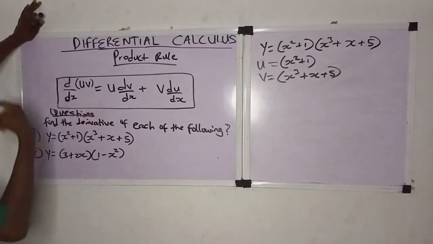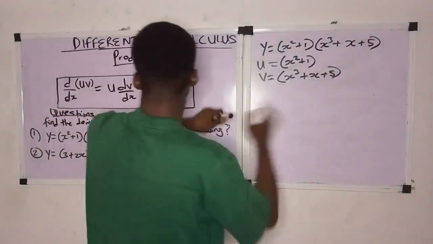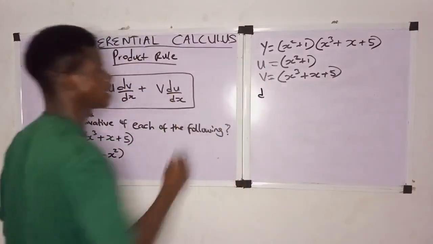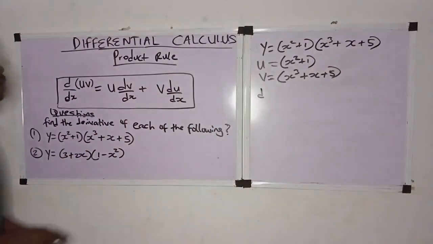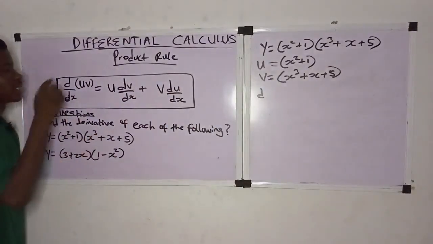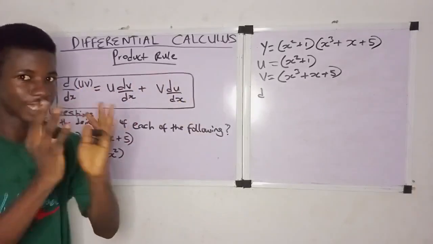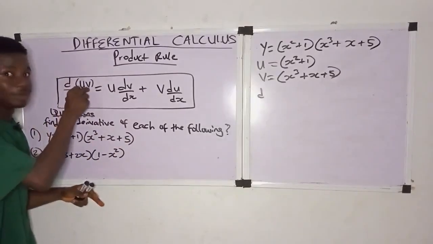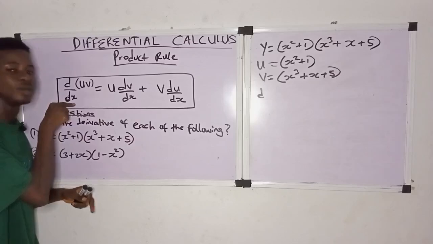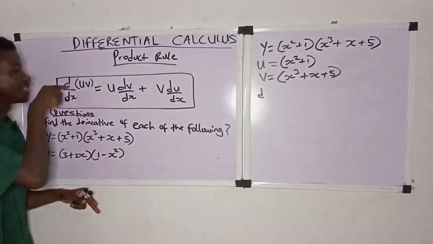Remember, in our previous class, I told you that if you look at this very well, we are differentiating these two functions, U and V, which are multiplying each other, with respect to x. Very, very important.